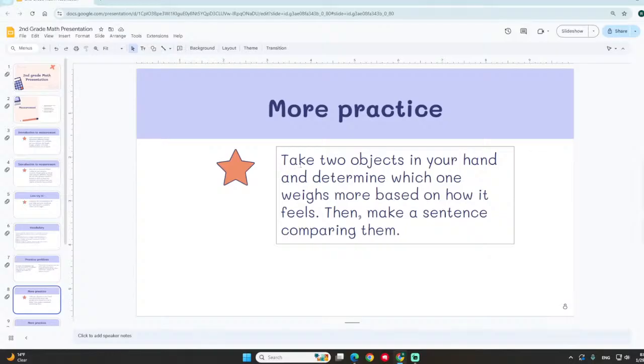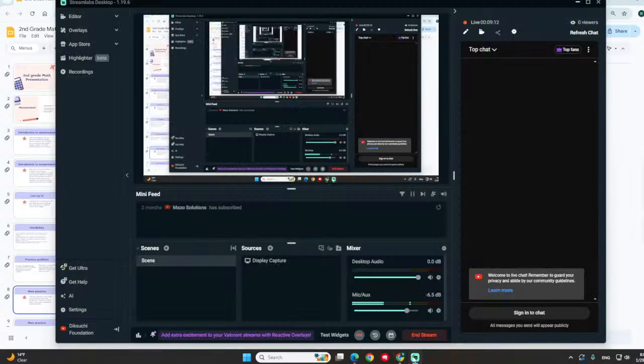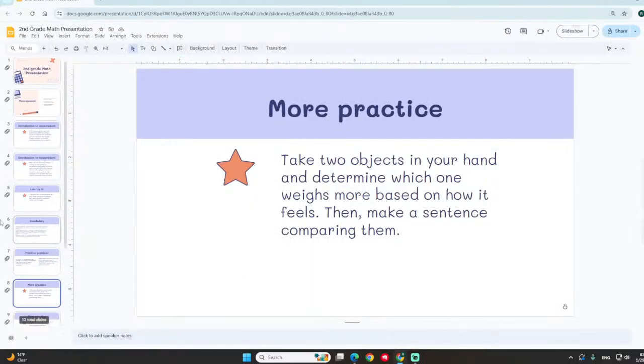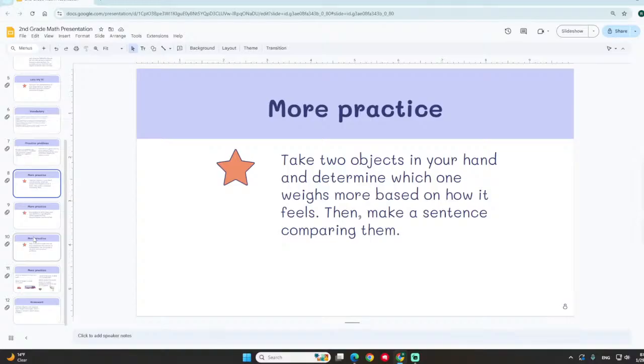Take 2 objects in your hand and determine which one weighs more based on how it feels. Then make a sentence comparing them. Just find 2 objects and put them in your hands. Now that we've done taller and shorter and longer, we're going to go on to heavier and lighter.